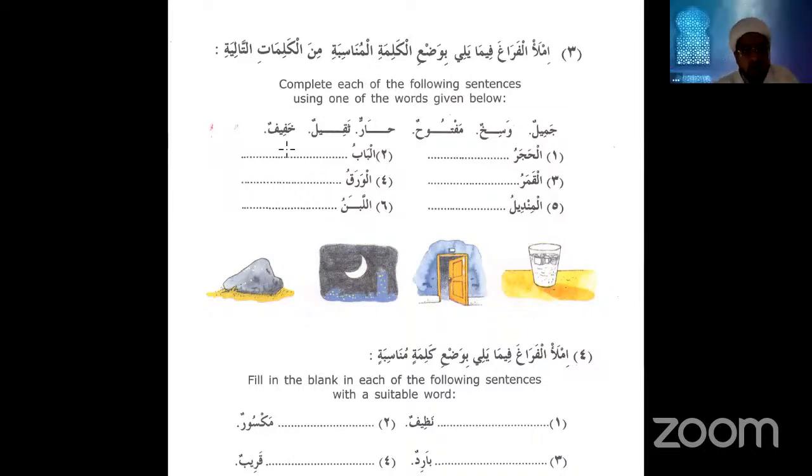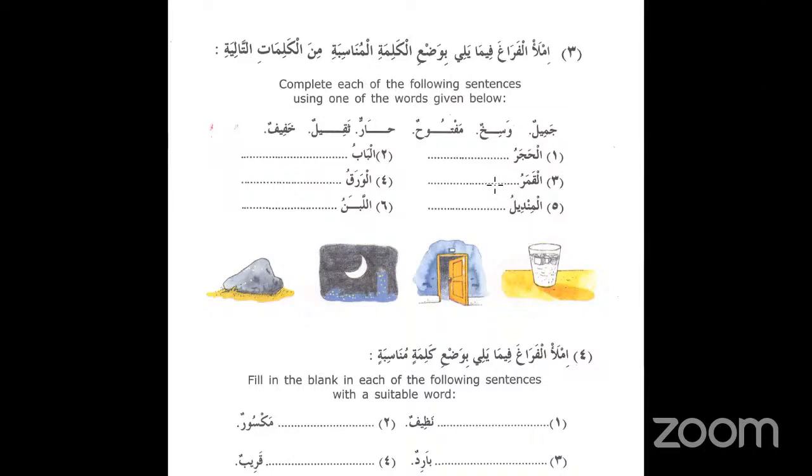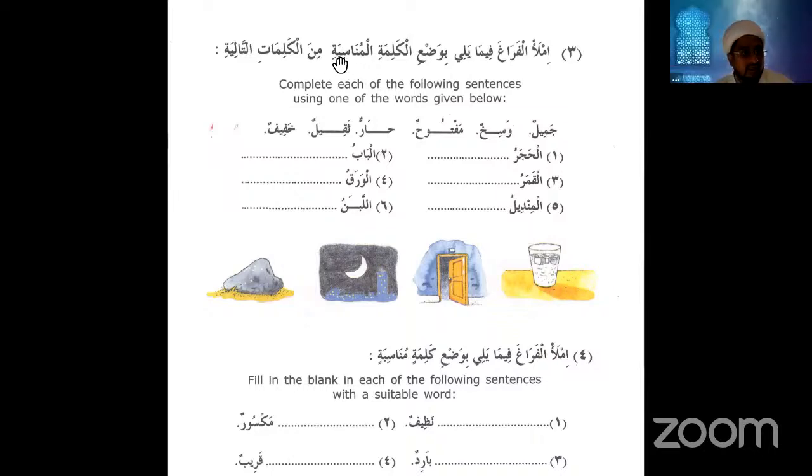So let's complete the sentence. The rock is something. How would you complete a sentence if you want to say the rock is something? You have six words to complete the sentence. Which word would you use? Al-hajaru thaqilun. Correct.